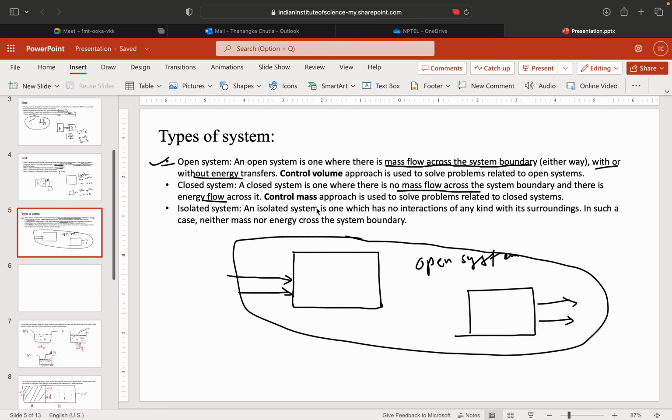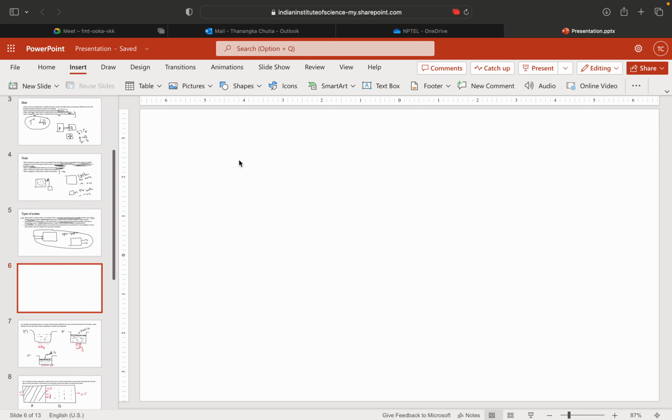Now if no mass flow takes place through the boundary. You may be confused: suppose this is an electrical wire and electrons are always flowing across it.